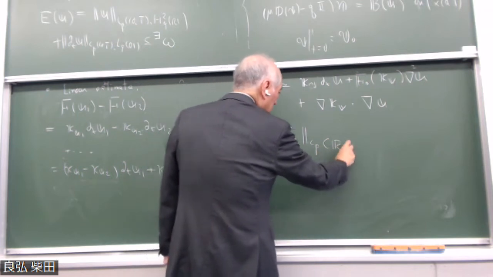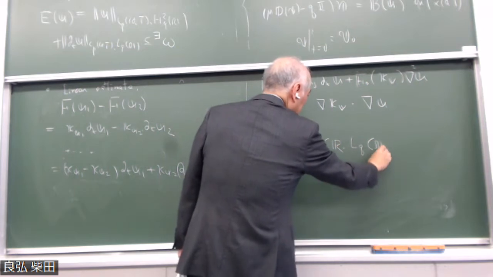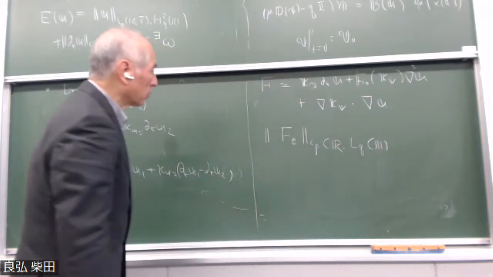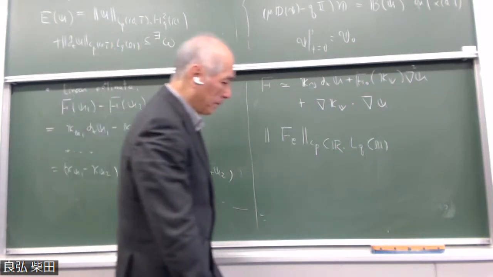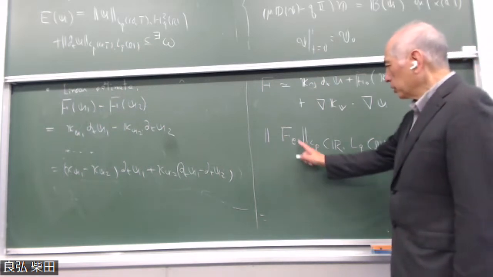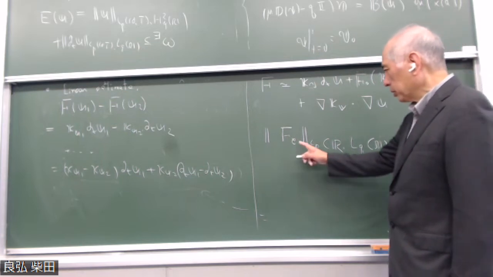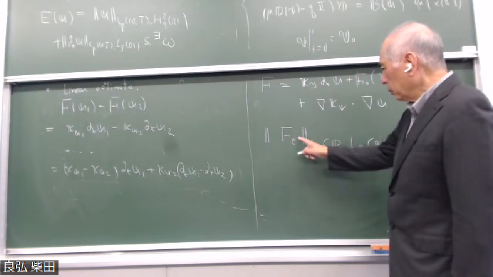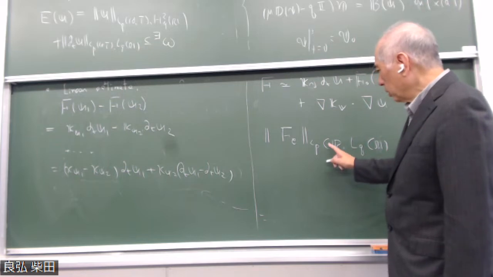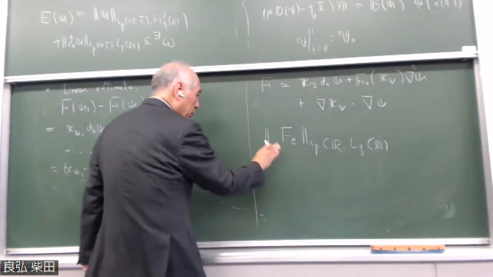This means there is no derivative in time. Of course in x also, but especially no derivative in time. Therefore, for the L_p norm, the extension is very simple.